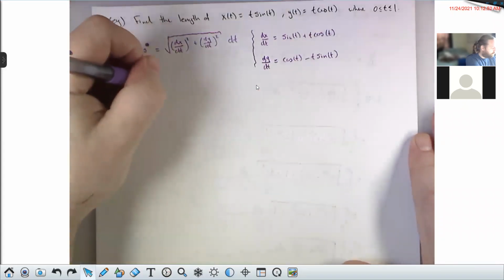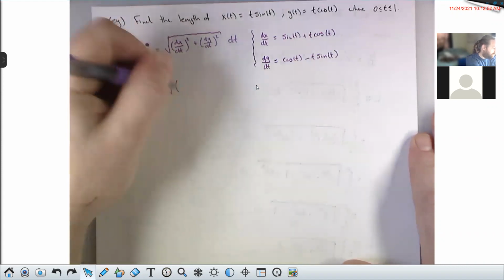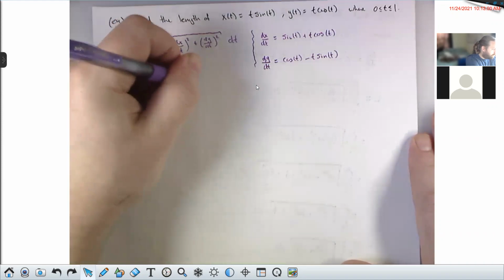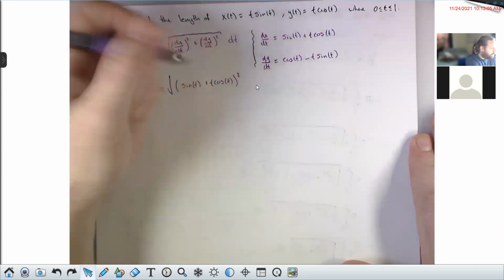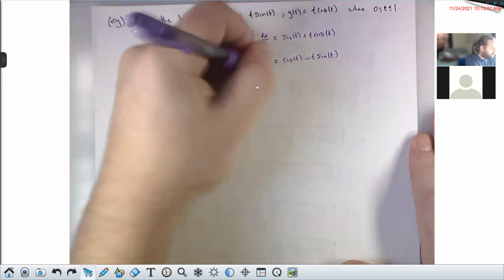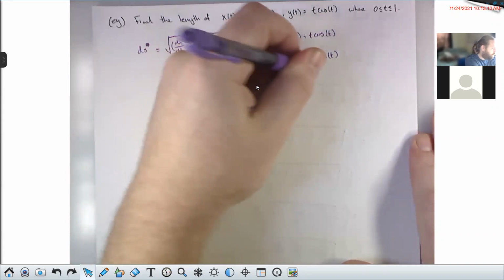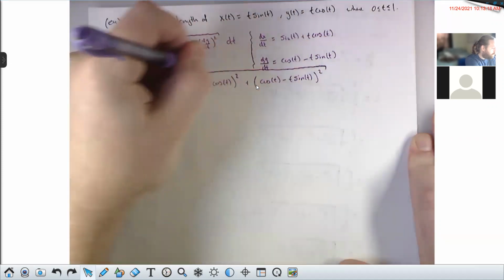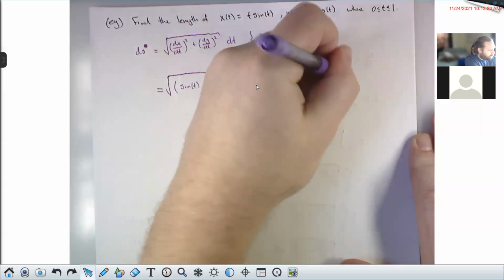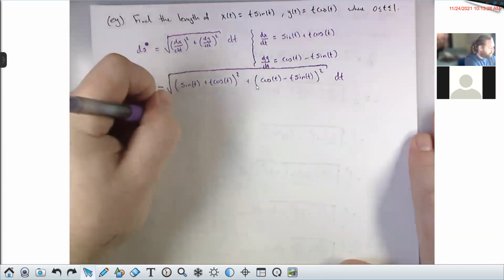So if I plug this stuff in here, I'll get the square root of sine t plus t cos t all squared plus cos t minus t sine t all squared, and all of that is under this big square root dt. And we can try to clean this up.